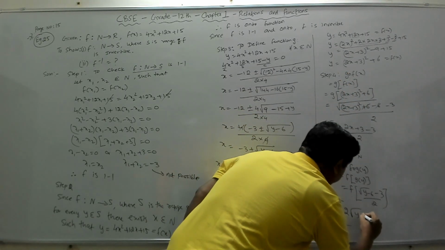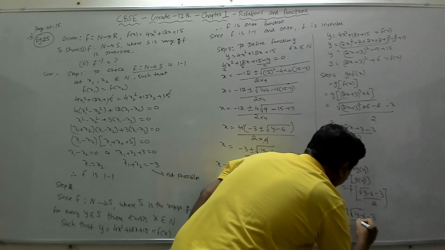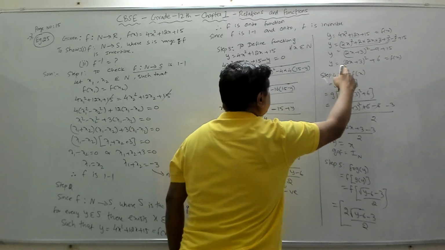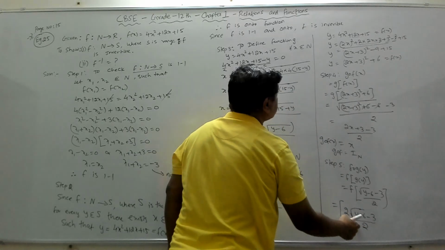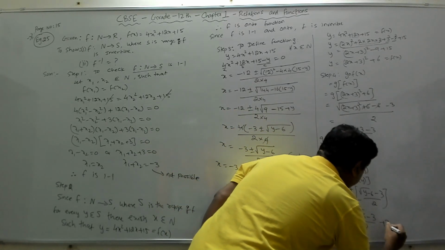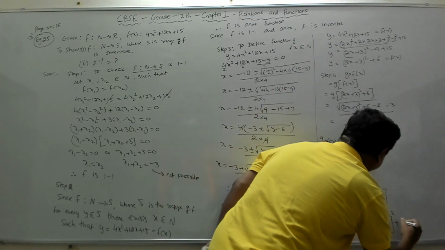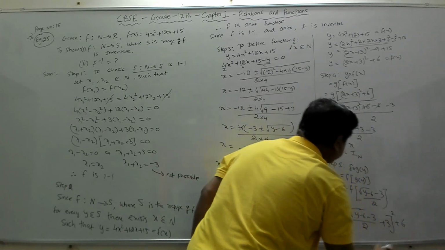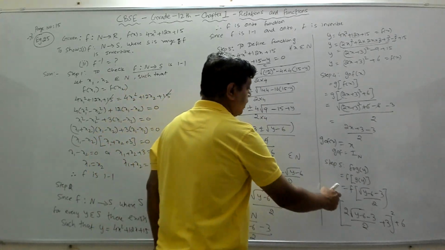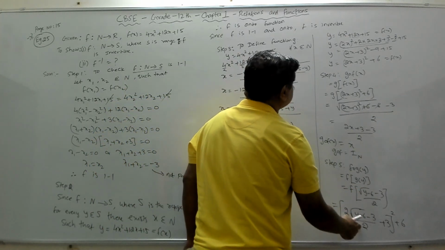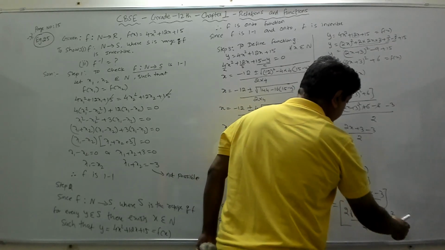Root of y minus 6 minus 3 whole divided by 2. That is 2x plus 3 the whole square plus 6. Fine. So this is f of x.